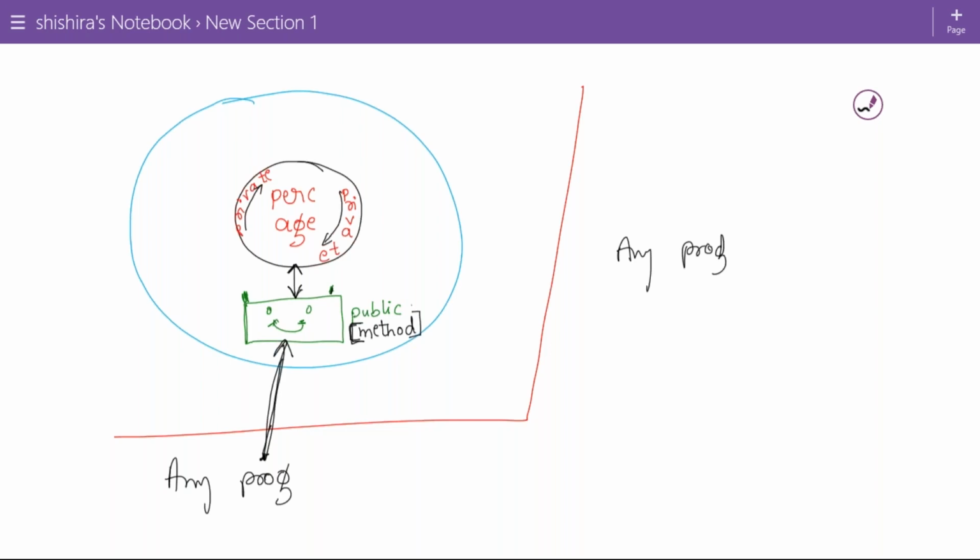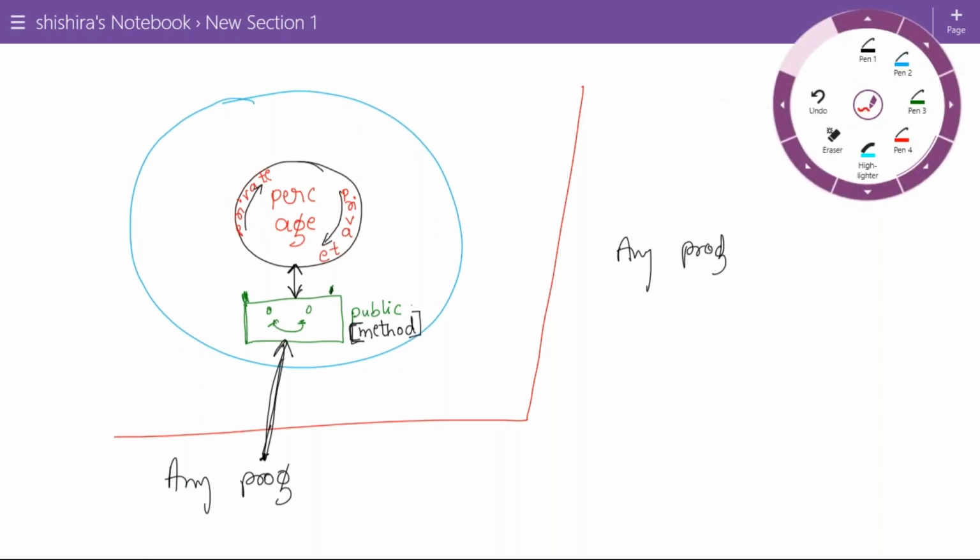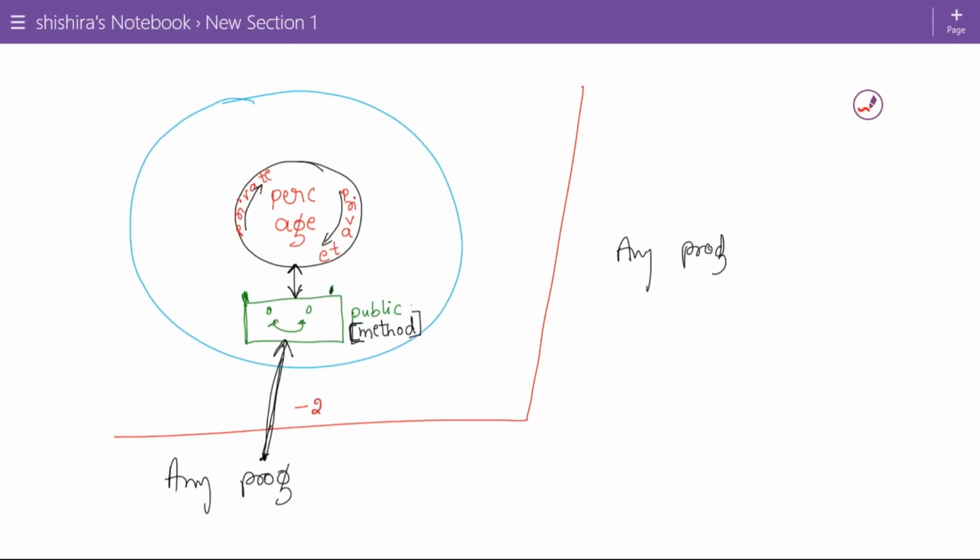So now you have to validate. When an outsider tries to give the age as minus 20, or someone tries to give the percentage as 927.4, this is the percentage which someone tried to add, and this is the age which someone is trying to add.